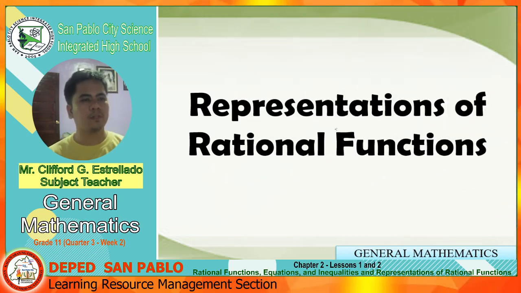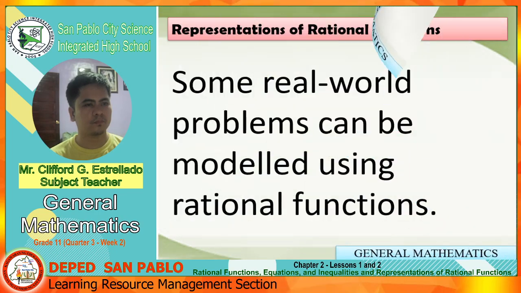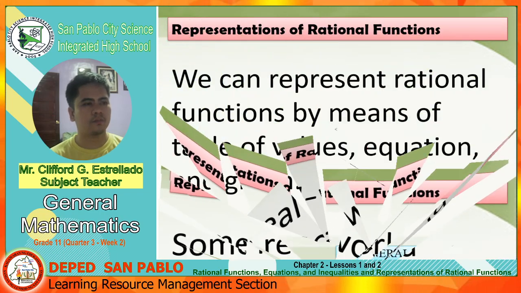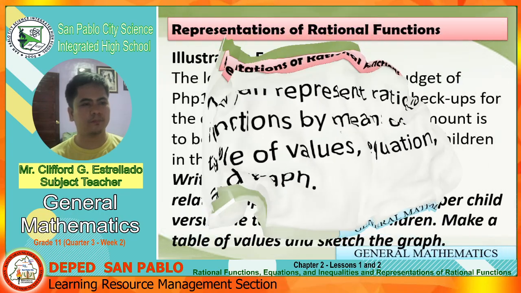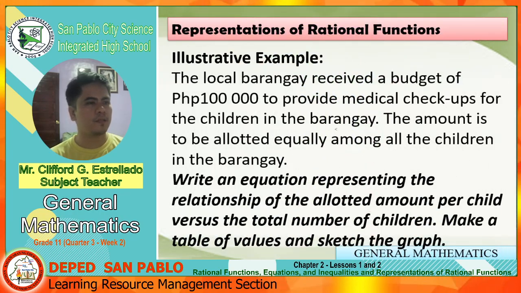Next is the representations of rational functions. Some real-world problems can be modeled using rational functions. And we can represent rational functions by means of table of values, equation, and graph. Let us have here an example.